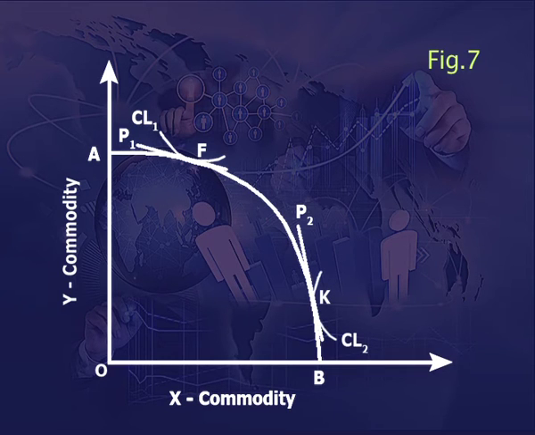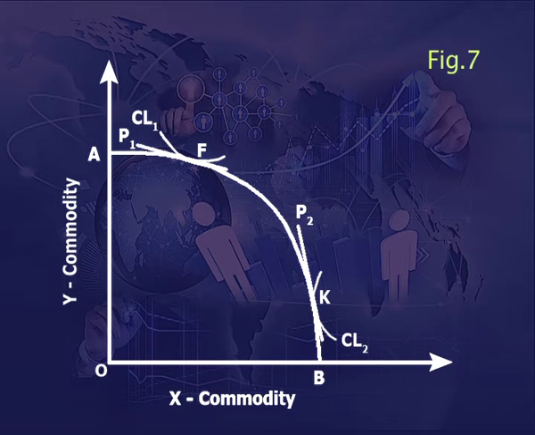Similarly, the consumption and production point of B is K, where its CL2 curve is tangent to the production possibility curve.